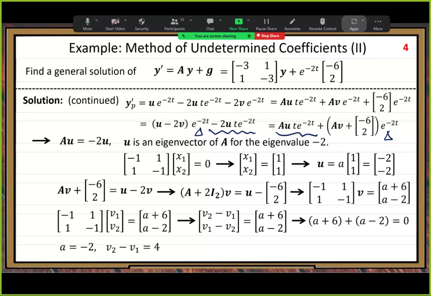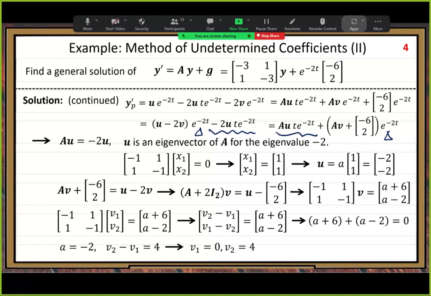Can you find a simple v1, v2? Two variables. How about v1 equals 0? You have freedom to choose. So choose v1 equals 0, v2 equals 4. So you get the v vector determined.